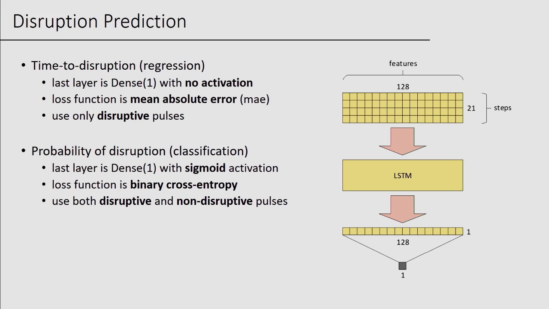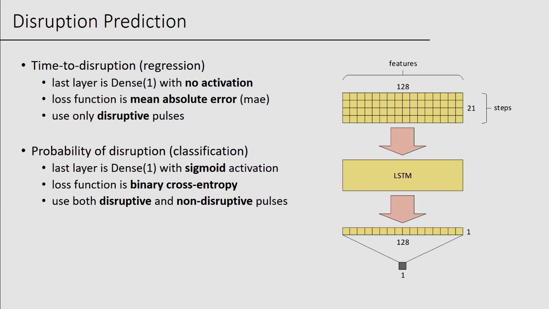So how long do we have until the disruption occurs? This is nice, because if we know that the disruption is going to occur in 100 milliseconds, we can take preventive action. 100 milliseconds is more than enough to puff some gas, cool down the plasma, and avoid the disruption.